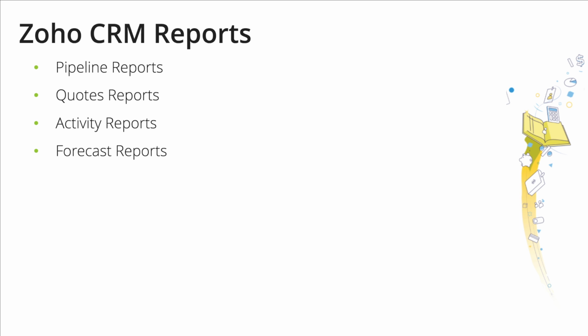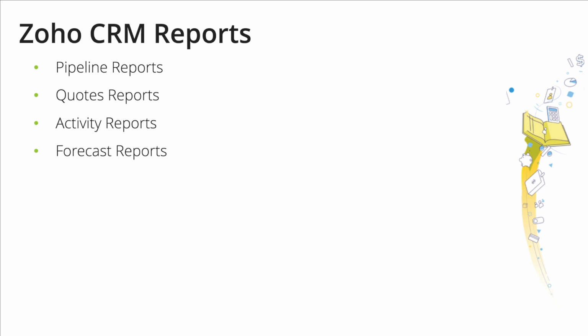So a typical Zoho CRM reports that you would see, I'll basically log into the system. The typical ones, the canned ones, are the pipeline reports, the quota reports, the activity reports of the various tasks and calls and events that have happened and that are being tracked. And finally, some reasonable number of forecasting reports. Okay, what does the forecast look like, and who's going to close this deal next month or next quarter for me?